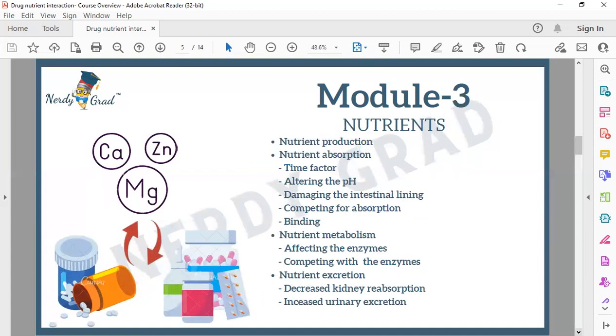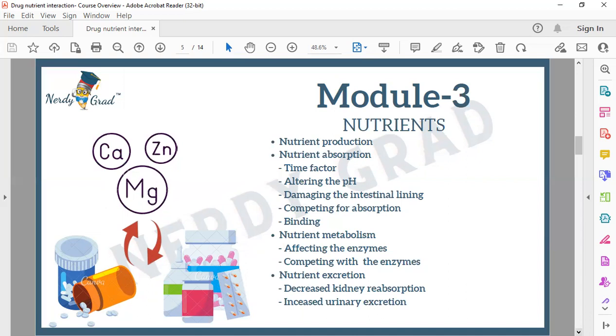The third one is module 3 that deals with nutrients and drugs. Under the nutrients, the topics that we are going to cover are how the nutrients are getting produced, that is nutrient protection, how they are getting absorbed, nutrient absorption, and what are the factors that are necessary for it to get absorbed, and what are the factors that are getting affected, like time factor, altering the pH, damaging the intestinal lining, competing for absorption, and binding.